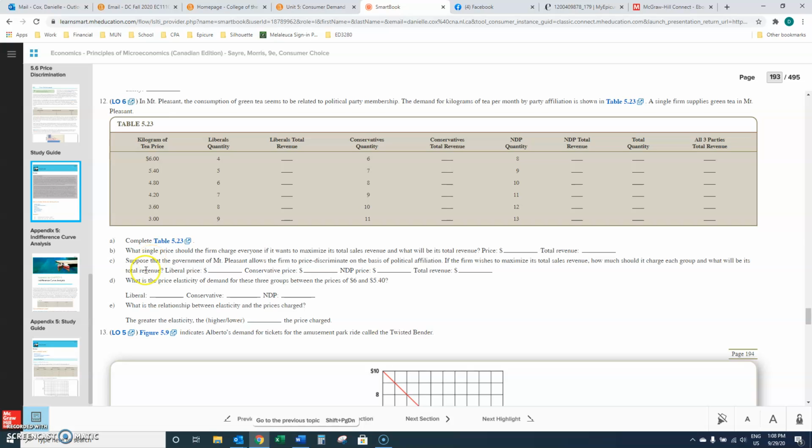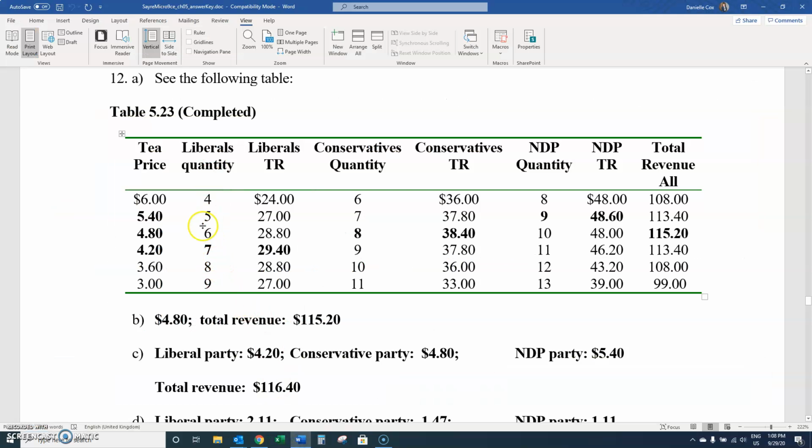Now, Part C, we're going to assume they're allowed to price discriminate and charge each party a different amount. So what would it charge each one? For Liberals, it's going to try to maximize the revenue just from the Liberals, and that's going to be $29.40, so it's going to charge Liberals $4.20.